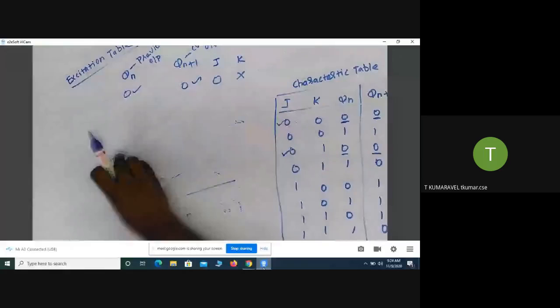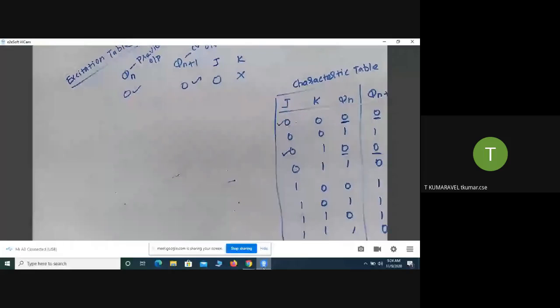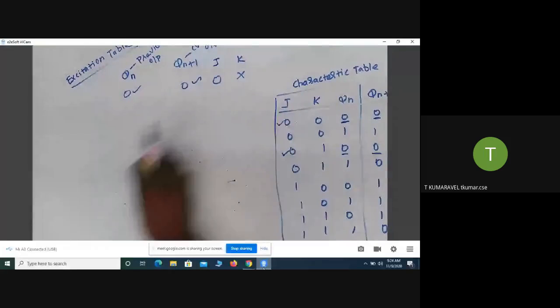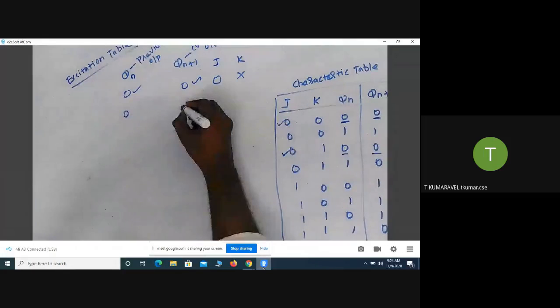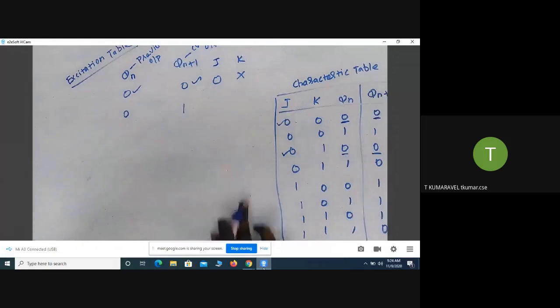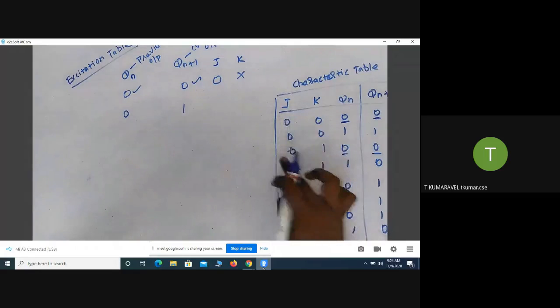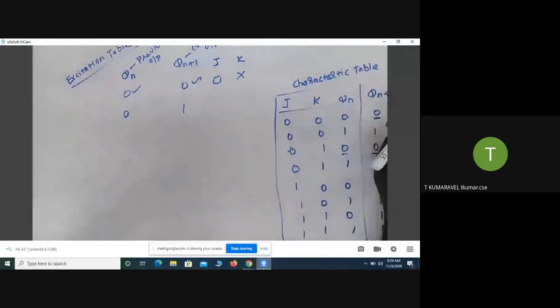Now what is the next combination? My previous stage output is 0 and the current stage output is 1. What is the combination for JK? Look at the table: 0 1 0 1.